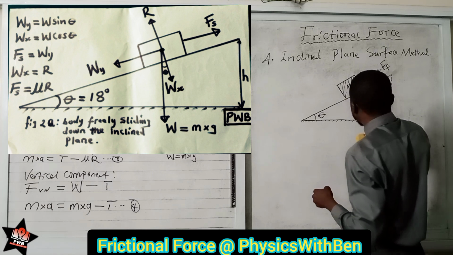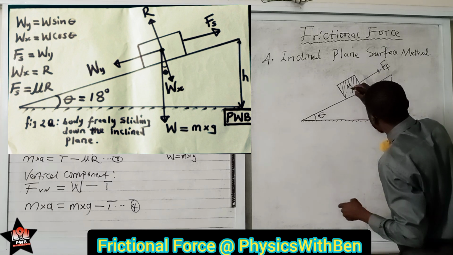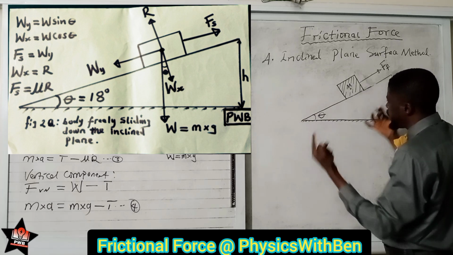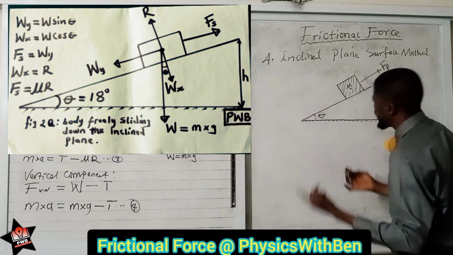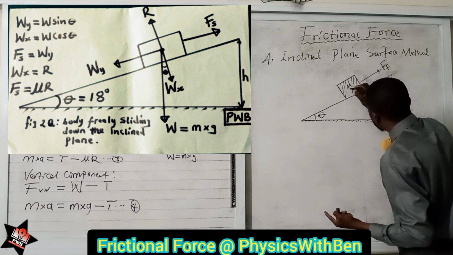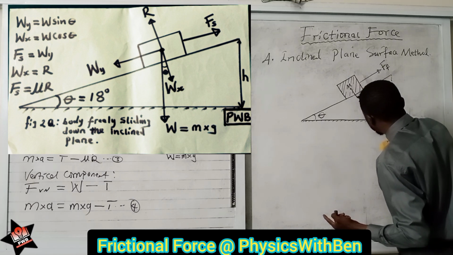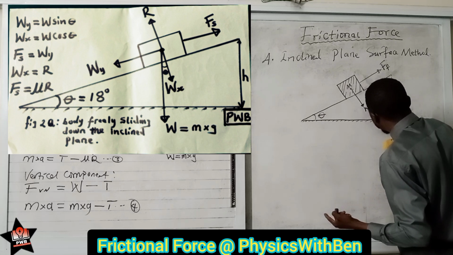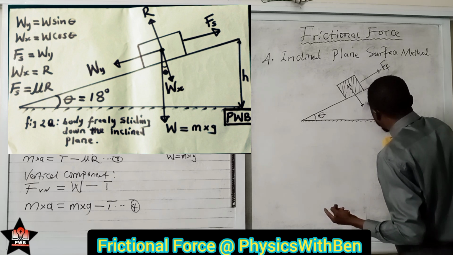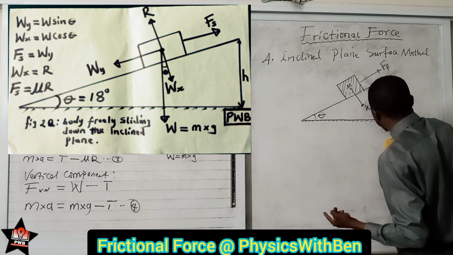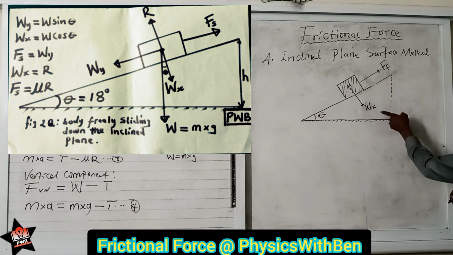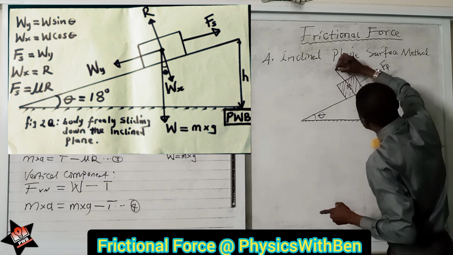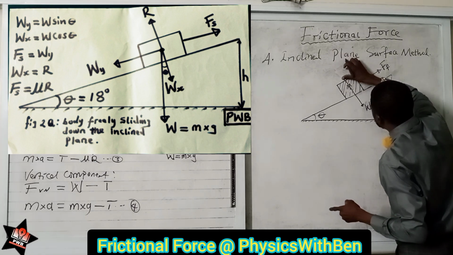So in this case, since the object is on an inclined plane, from the knowledge of addition of vectors, the object will have something like this. We call this our Wx, that is the horizontal component of the weight, Wx. And up here will be the normal reaction.